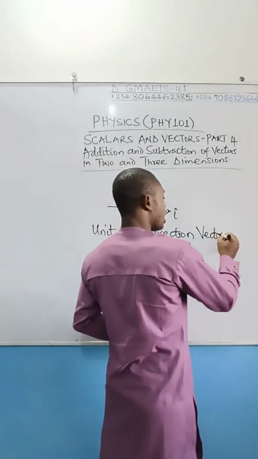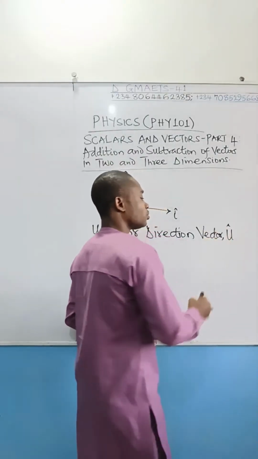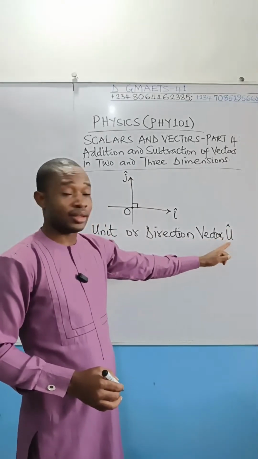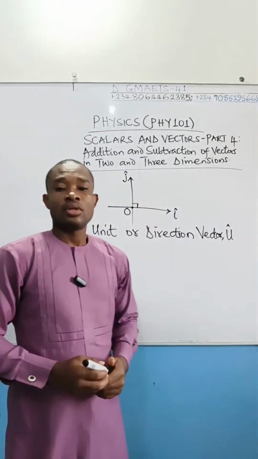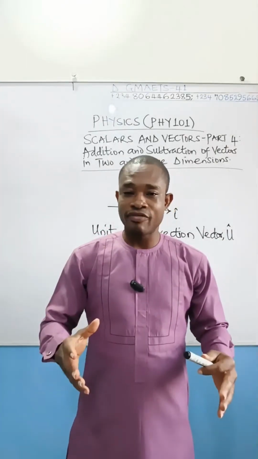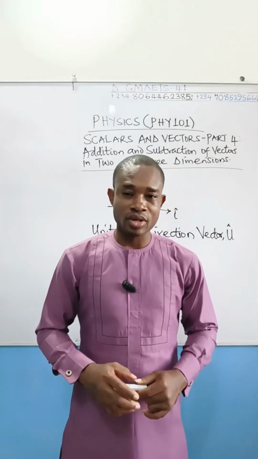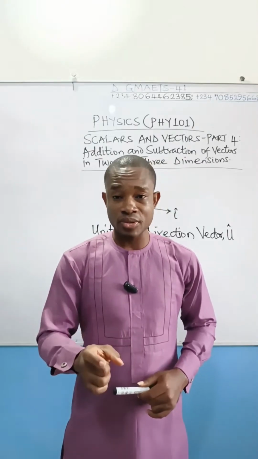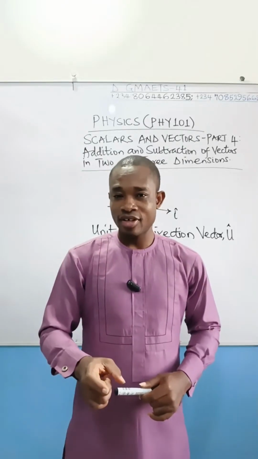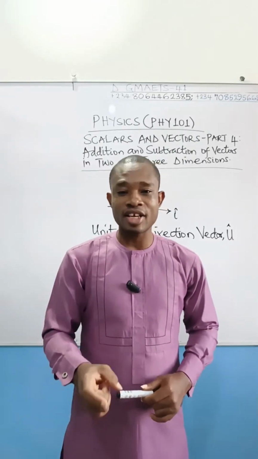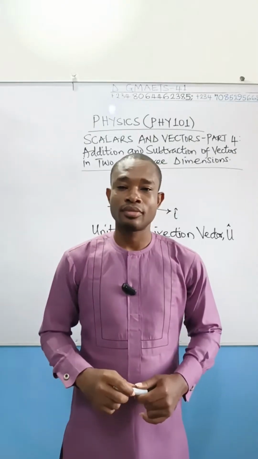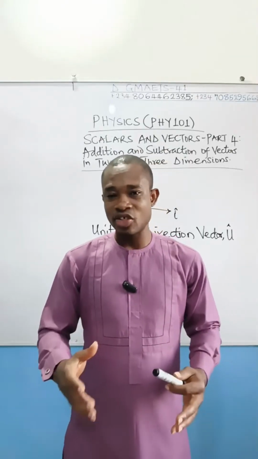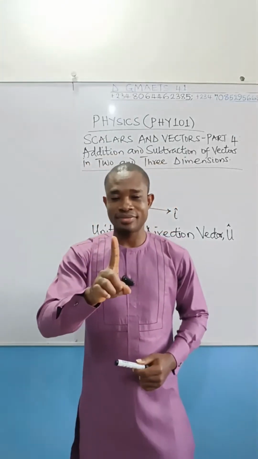Let us assume that we call a vector U. So the unit vector of that vector is going to be written like this. So what is a unit vector? A unit vector is defined as a vector whose magnitude, whose modulus, whose absolute length, whose size, whose value is 1. Unit vector: a vector whose magnitude is what? 1.